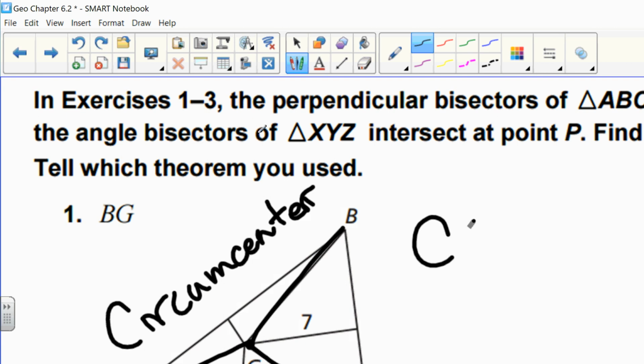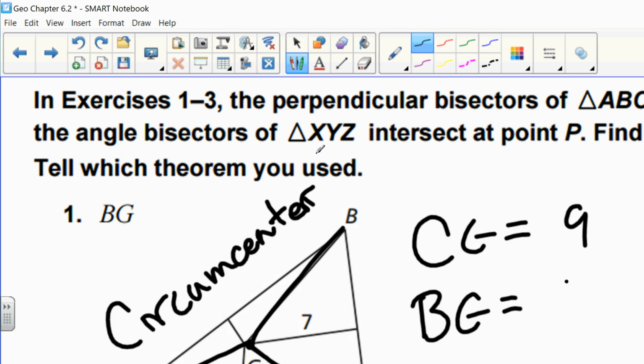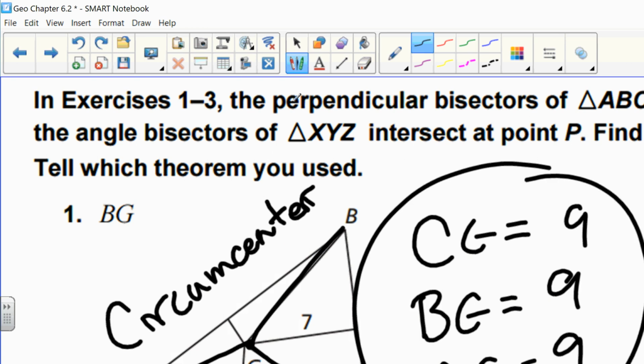Now it tells us that CG is 9. So BG is going to be what? And AG is 9. Because it asks for BG, so BG is 9. So all three of these lengths are going to be the same, because it is a circumcenter.